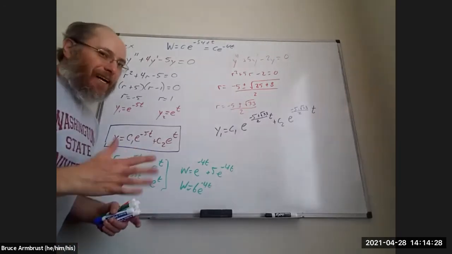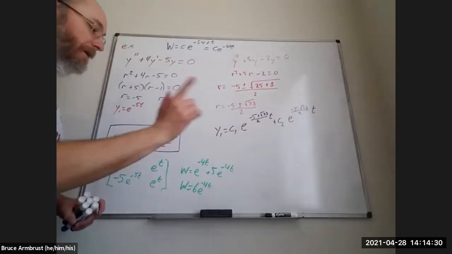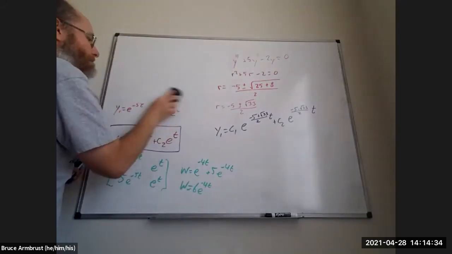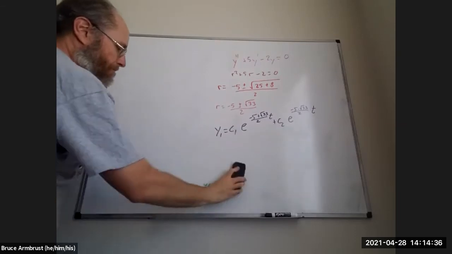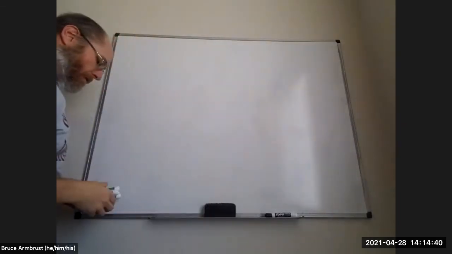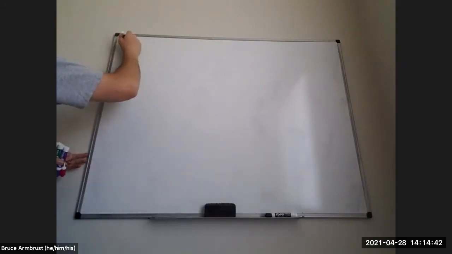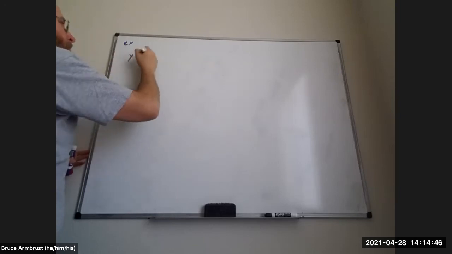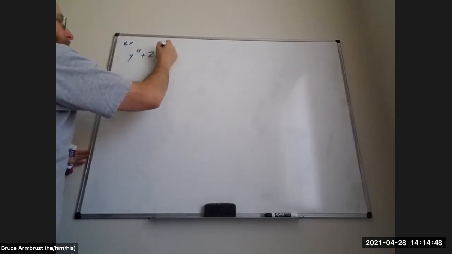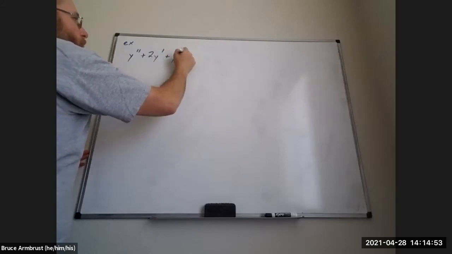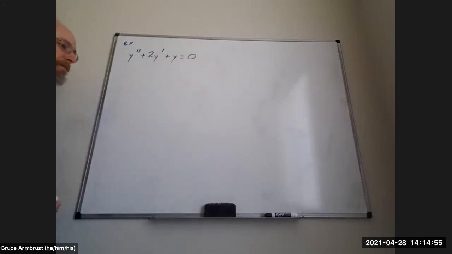Okay, but it's not quite as simple as I just portrayed, because let's look at something like this guy. Let's say we've got y double prime plus 2y prime plus y equals 0.